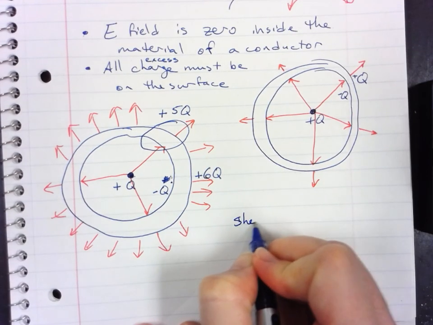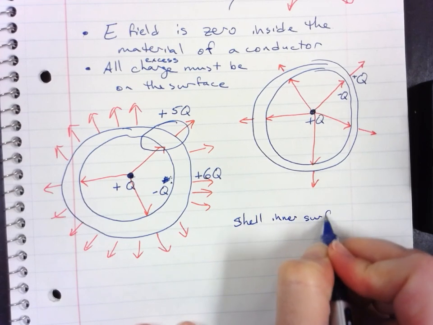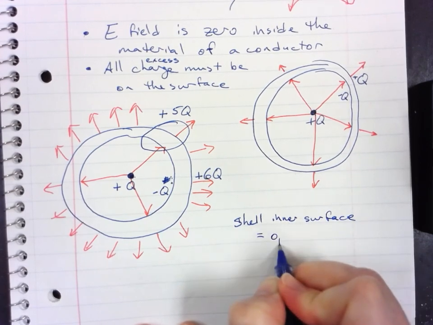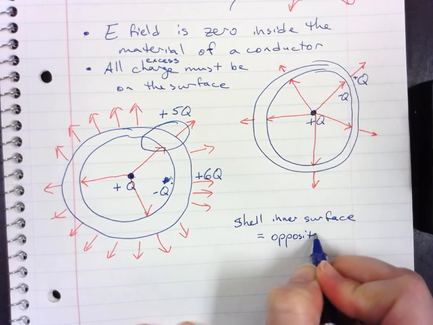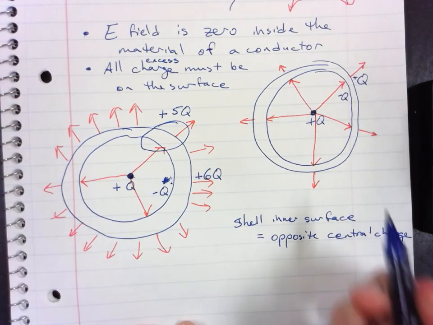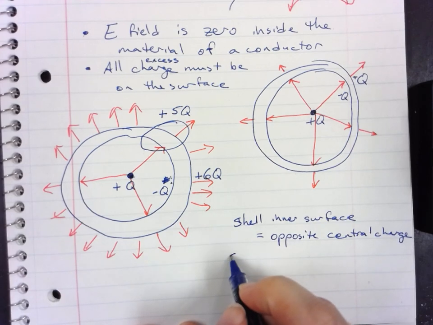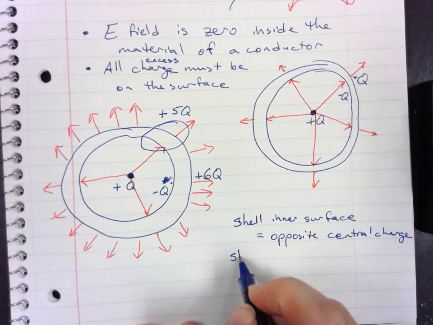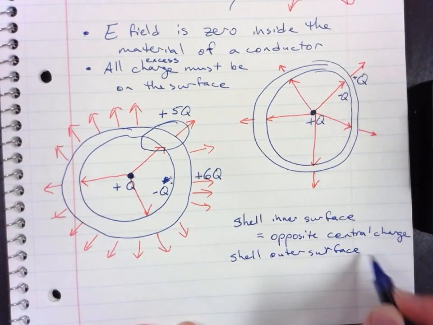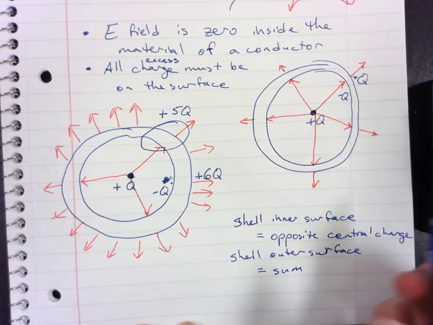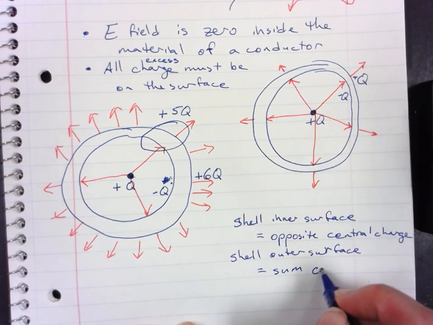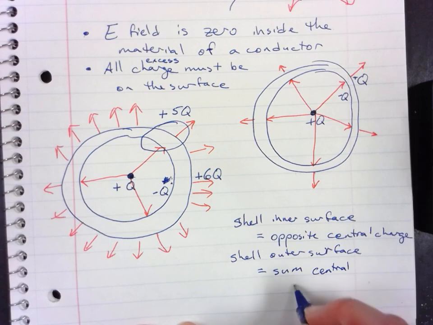Shell inner surface equals opposite of central charge, and shell outer surface equals the sum of the central and shell initial.